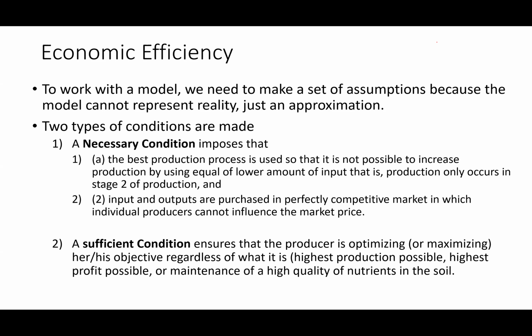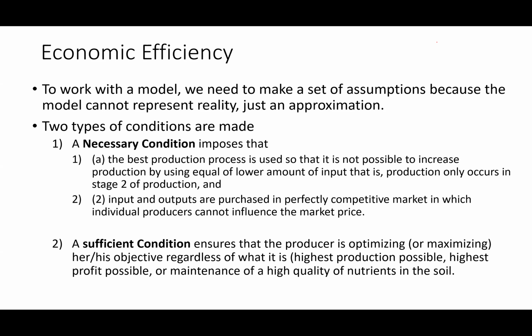In the real world, obviously, a perfectly competitive market describes pretty well the agriculture market. However, for input, especially, it is different. Large commercial farms who buy large amounts of input are likely to have lower prices per unit than small farmers.